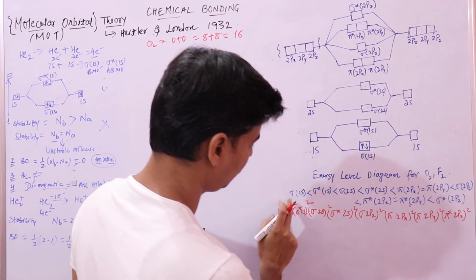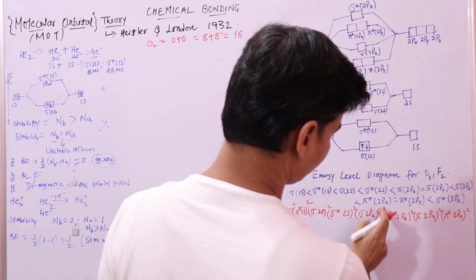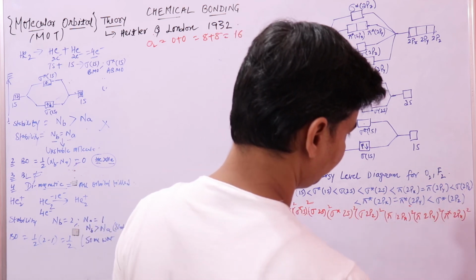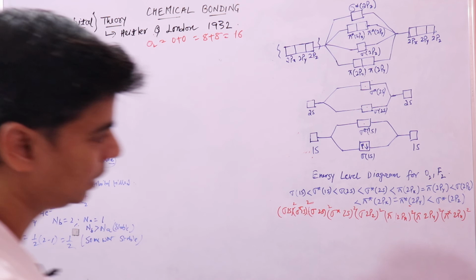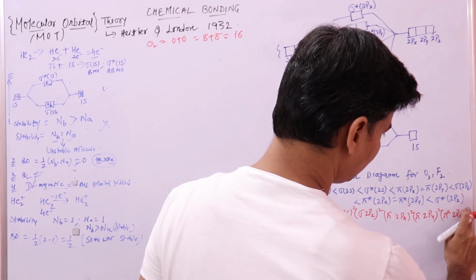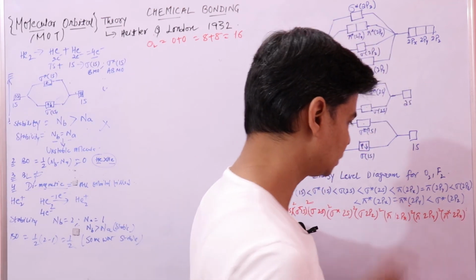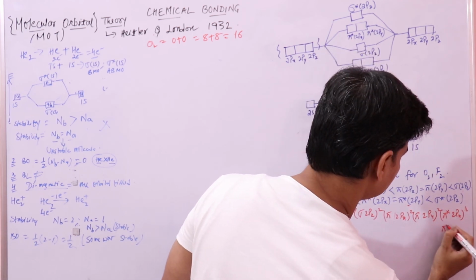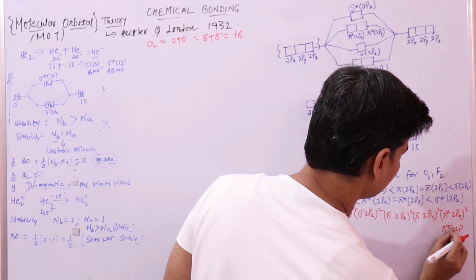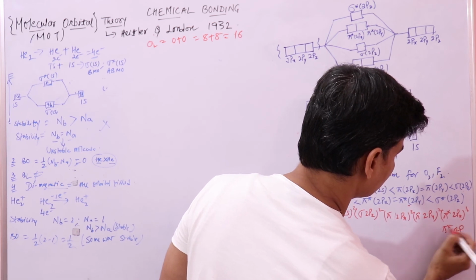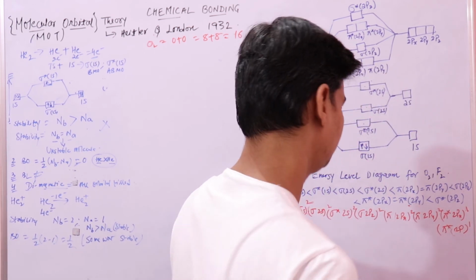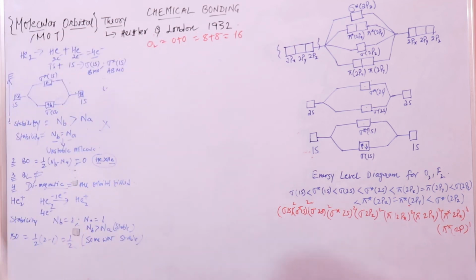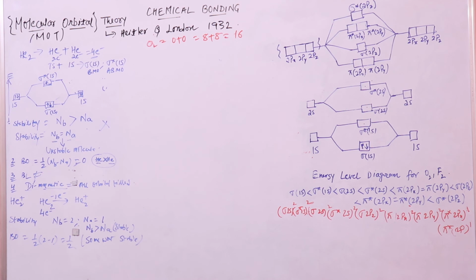Here you have 1, 2, 3, 4, 5, 6, 7, 8, so you have distributed 8 electrons. How do you distribute in these degenerate orbitals? 1 electron in each. Here you have 1 electron, then you have pi star 2py 1 electron, right? This is how you will distribute electrons in these orbitals.